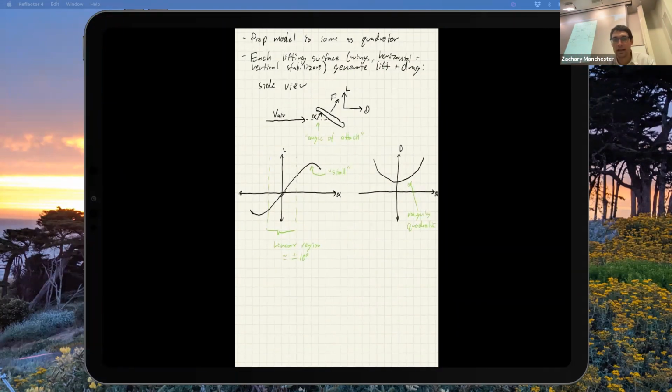But generally speaking, for most applications, meaning if you're designing a controller and you don't want to do insane aerobatics, you use linear and or quadratic approximations of these.